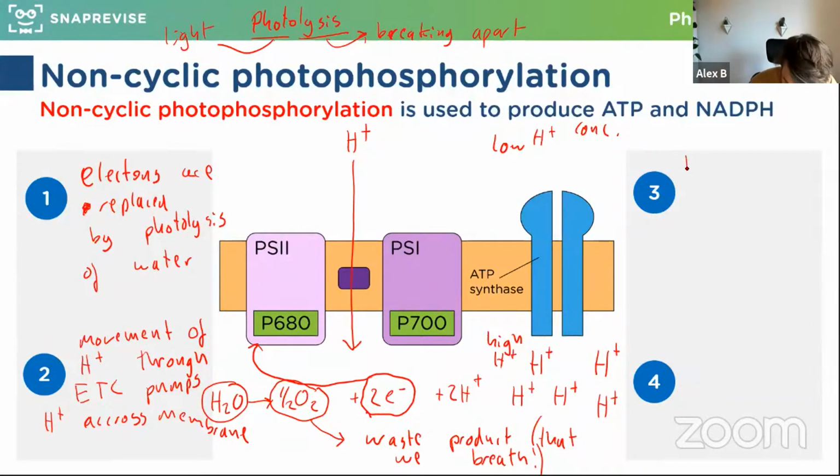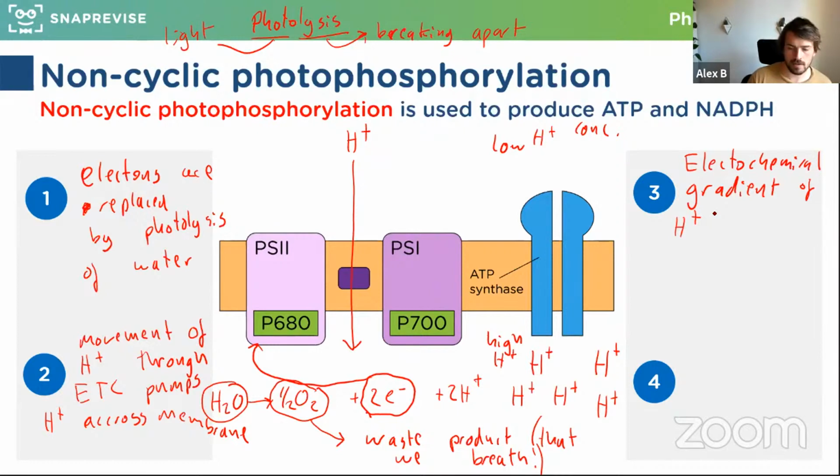This establishes an electrochemical gradient of H plus inside the thylakoid. So why do you think we call it an electrochemical gradient?